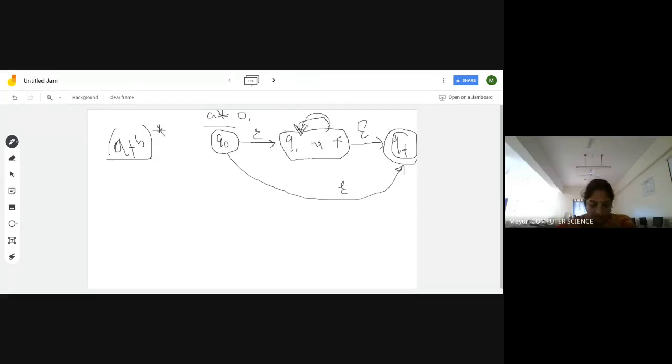So with this, how do you write A plus B star? What is the A plus B structure? Okay. Take a state 0. A plus B structure, let us go. One second.